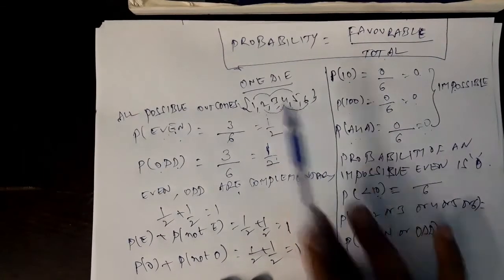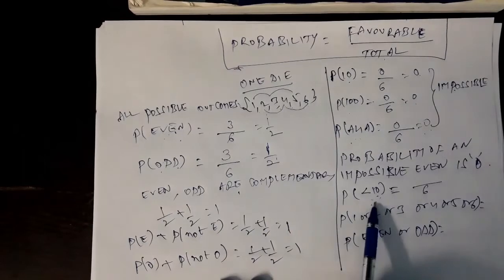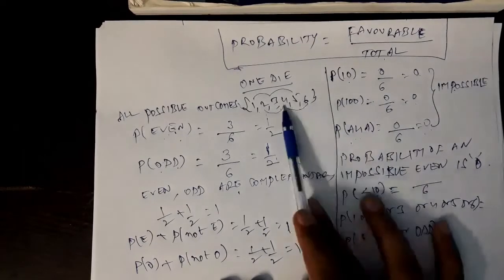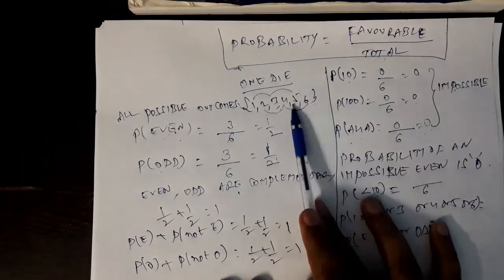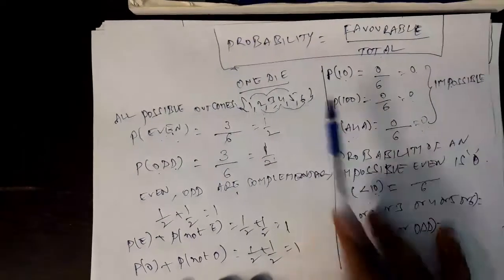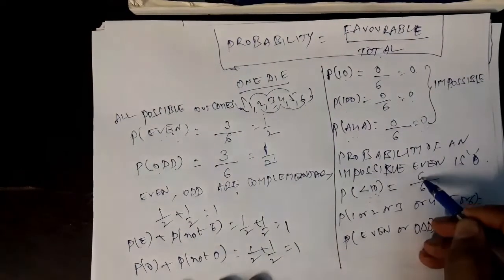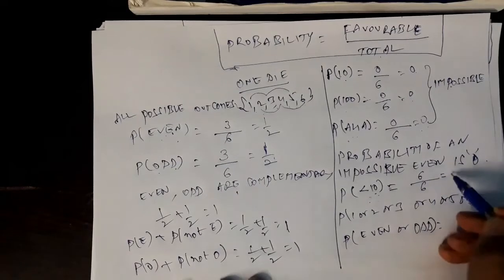This one, yes, less than 10. That is also satisfying. In the same way, this is favorable, this is favorable. So all 6 are favorable. So favorable cases are 6. So the probability is 6 by 6, that is 1.